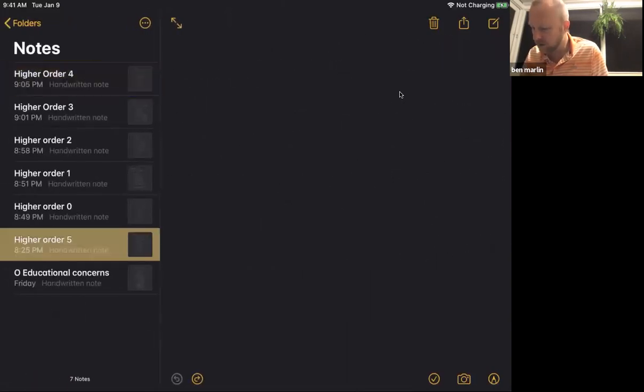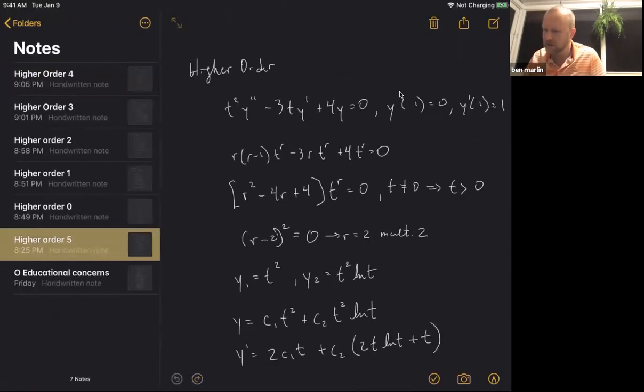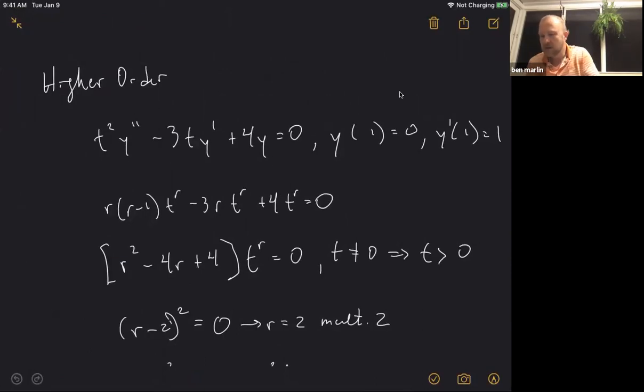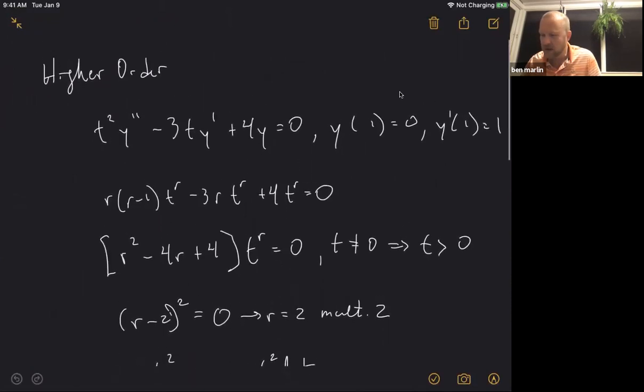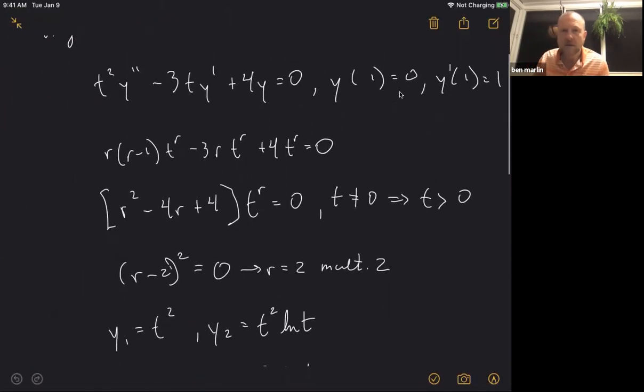So then just one more example here. This one is looking at what you'll do with multiplicity 2 for these equidimensional equations, because it's set up just a little bit differently. Okay, so like before, we've got an equidimensional equation.